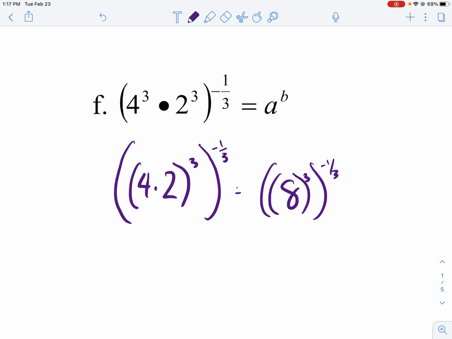And I notice that this will turn into 8 raised to the negative 3/3 power, which ultimately is equal to 8 to the negative 1.